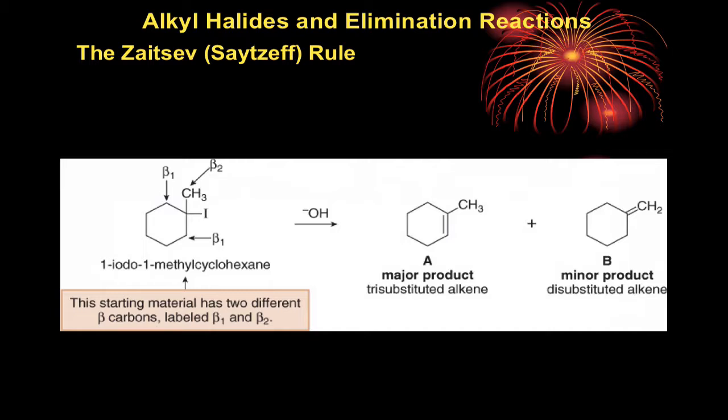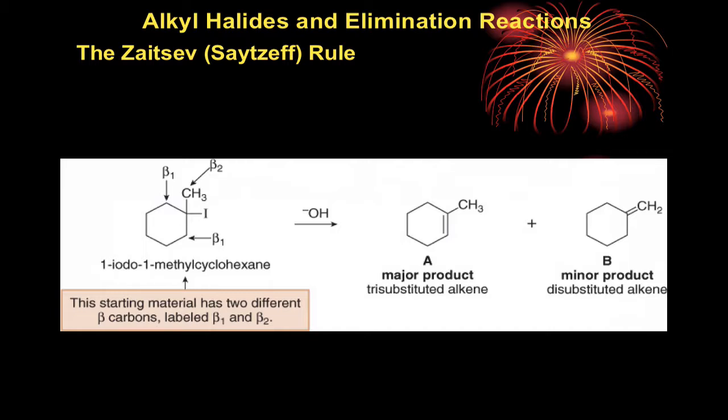Okay, the important thing to know is that Zaitsev's rule works. It's very reliable as long as you're dealing with relatively small bases that aren't particularly bulky. Okay. And you'll even see that times with bulky bases that Zaitsev's rule still holds out, but maybe not to the same ratio.